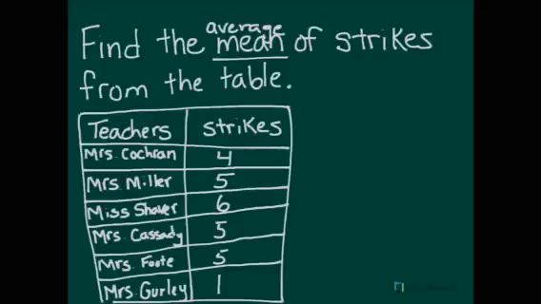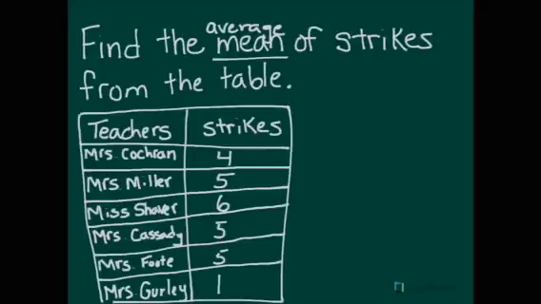And then on the other side, I have strikes. And we can see how many strikes each teacher got. So Mrs. Cochran has 4, Mrs. Miller has 5, Miss Shaver has 6, and so on.